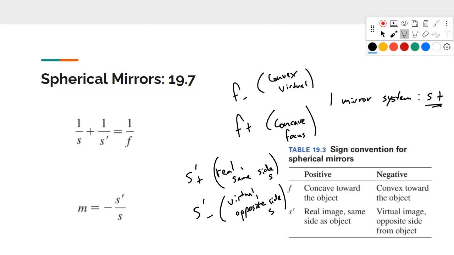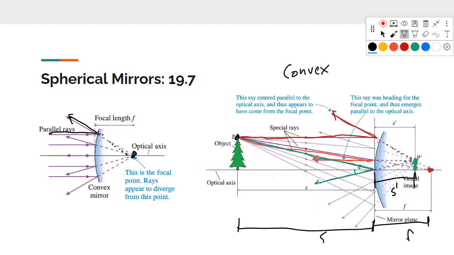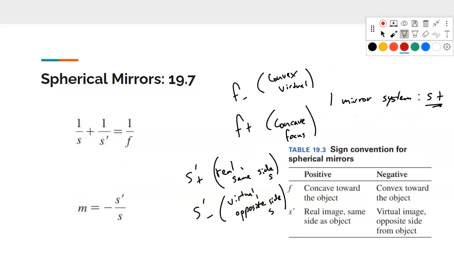We still have the same magnification equation. That's just a product of looking at these triangles and comparing this height here to this height here. And since we have the same relationship between S prime and F, we have the same similar triangles. And so we can compare the height in the same way and just say that this is the ratio of the height of the image to the height of the object.